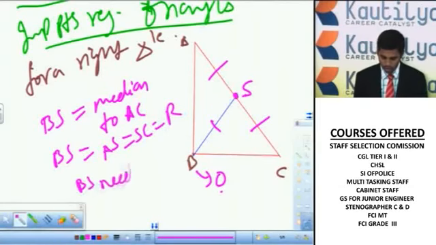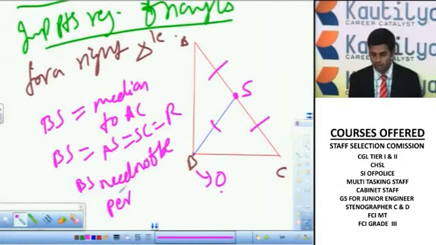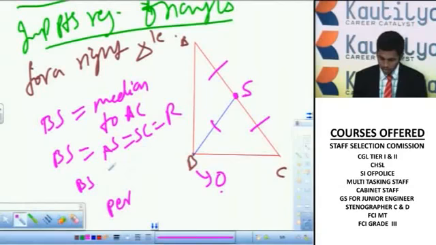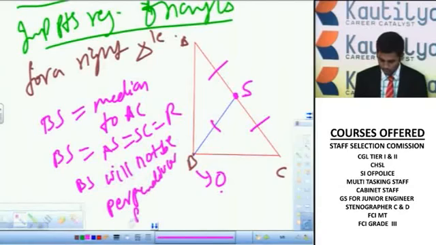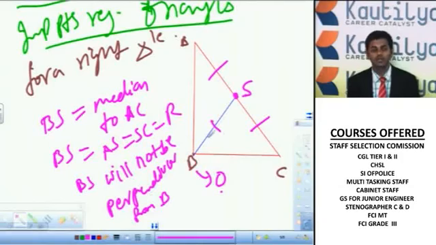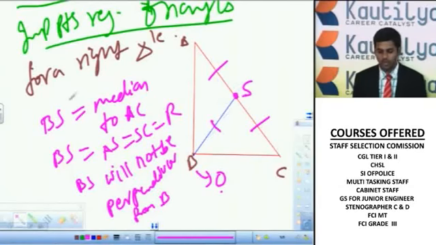Or rather, you can say that BS will not be the perpendicular from B. Though it is a median and a circumradius, it will not be perpendicular to the side AC. These are the important conclusions for a given right angle triangle.